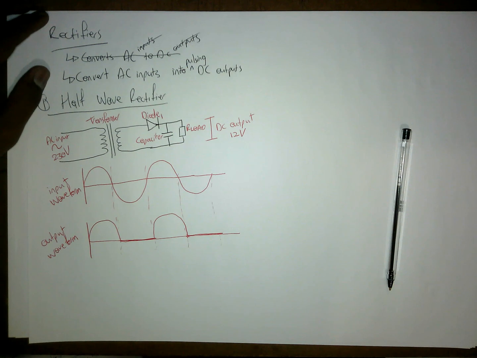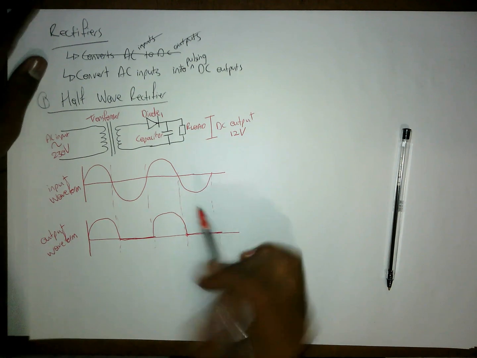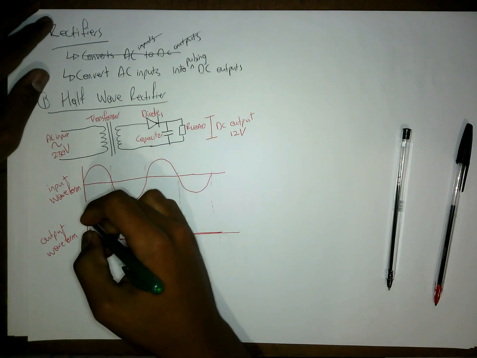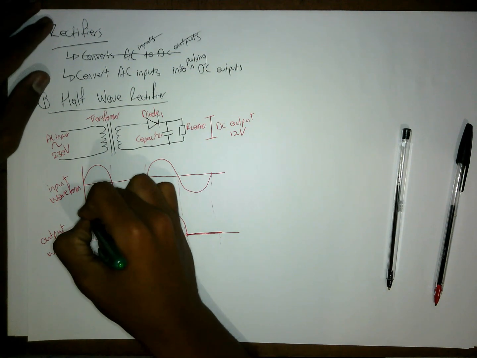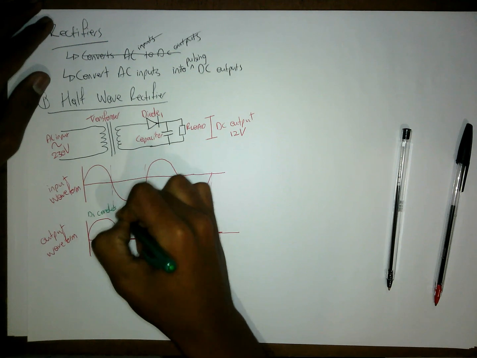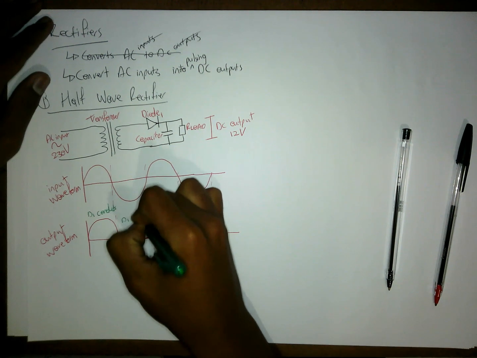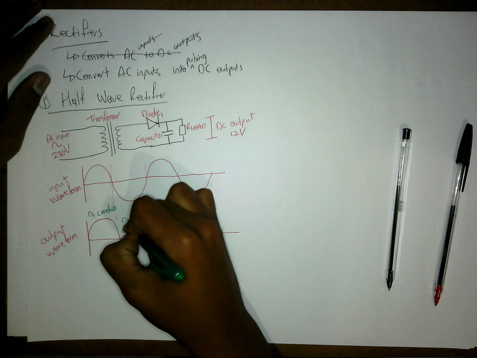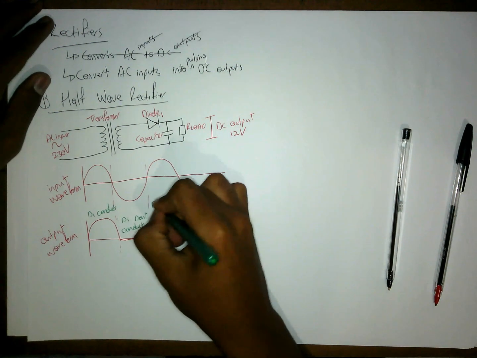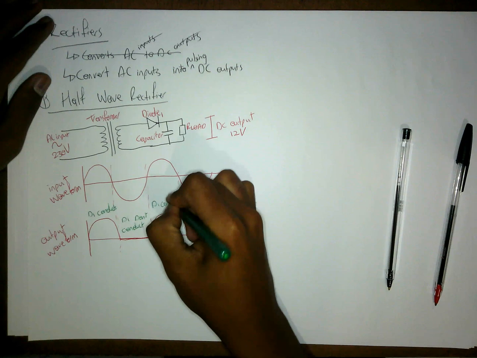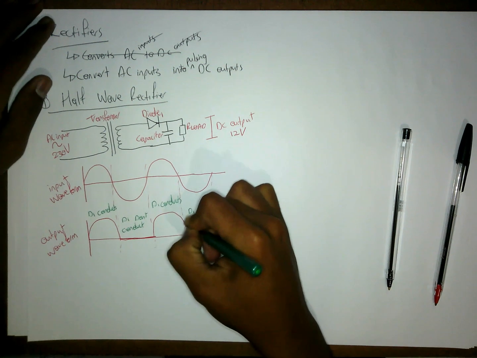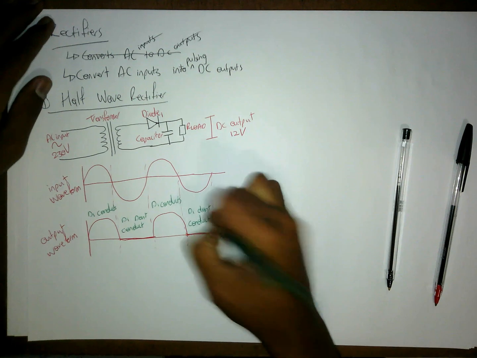So this is all it is, right? D1 conducts, D1 doesn't conduct, like that. Then D1 conducts, D1 doesn't conduct.